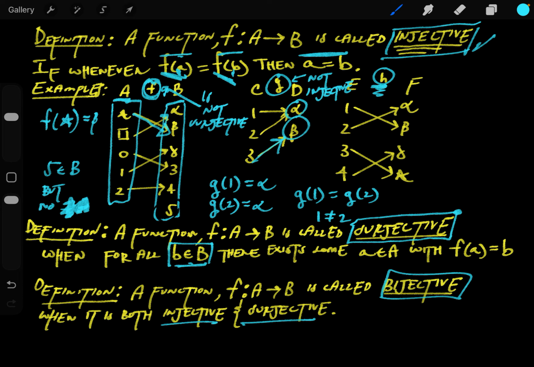We see that h is injective and surjective, so h is bijective, while f and g are not bijective, because f is not surjective and g is not injective. h is the only one that is both, so h is the only one that is bijective.